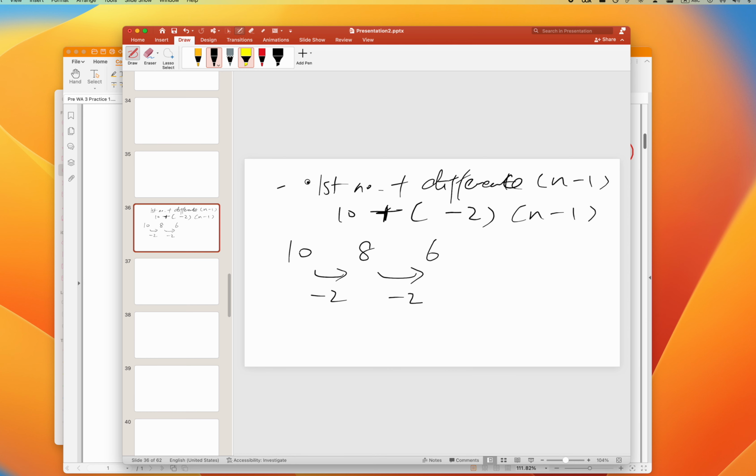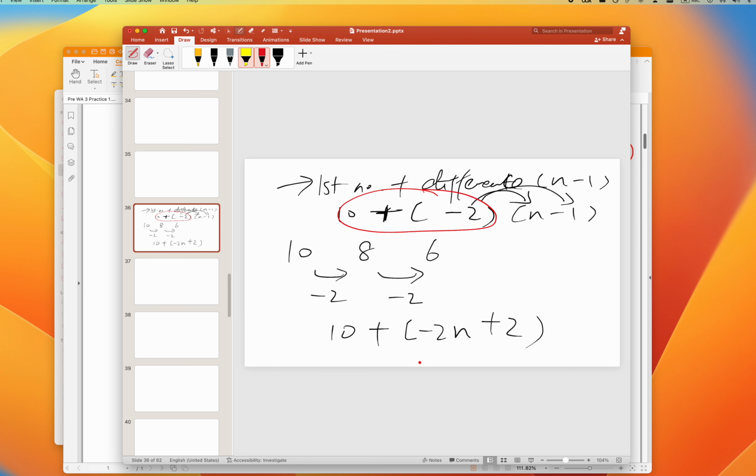Let me use this to figure out this pattern. So it's 10 plus, and I need to do the times first: negative 2 times n minus 1. There is one very common mistake among students: they do the plus first.